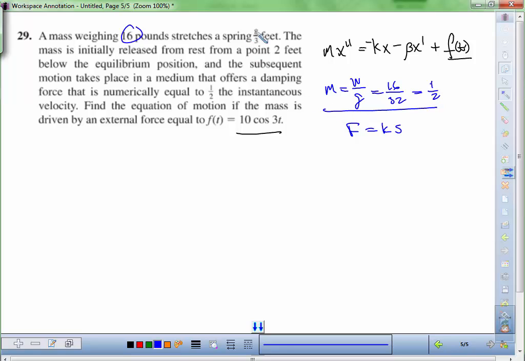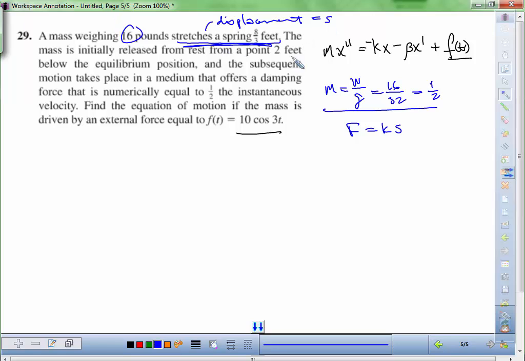So at rest, it doesn't say what the rest is and what the displacement is, or what the new position is, but it gives us a displacement. So this is the actual displacement. Our displacement is going to be the value for S. And then our force is already in pounds, and that's going to be the 16.